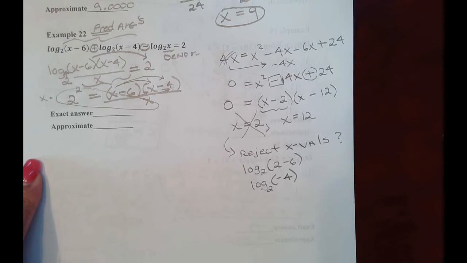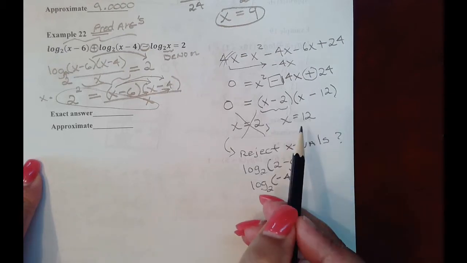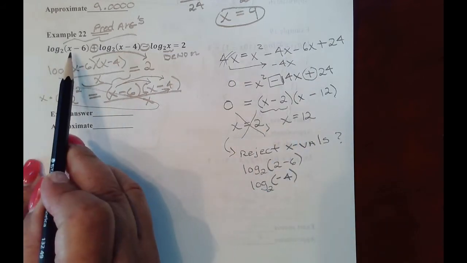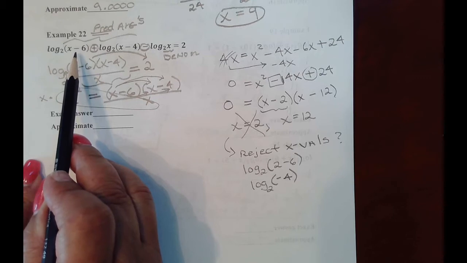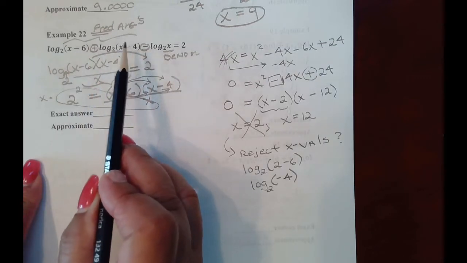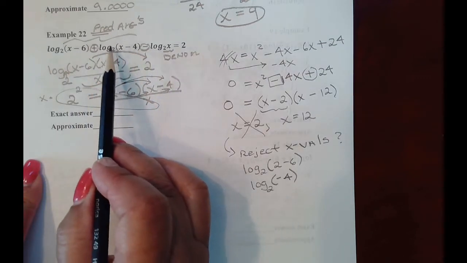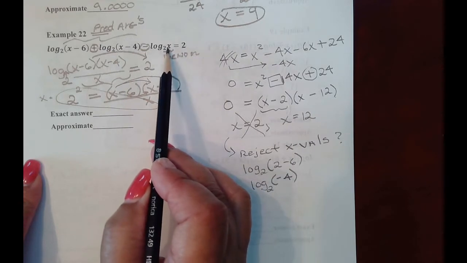Okay, then 12. Would the 12 need to be rejected? Again, if it fails any of the arguments, you have to reject it. So if you put a 12 right in there, you're good. 12 minus 6 is positive 6. We're good. 12 minus 4, positive 8. We're good again. 12 right there would just be positive 12.